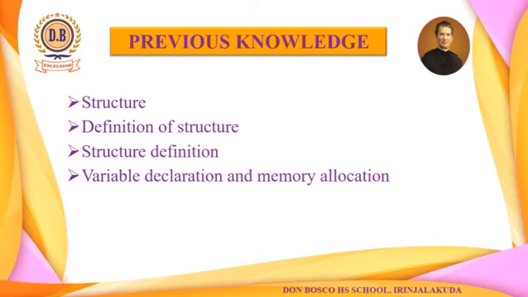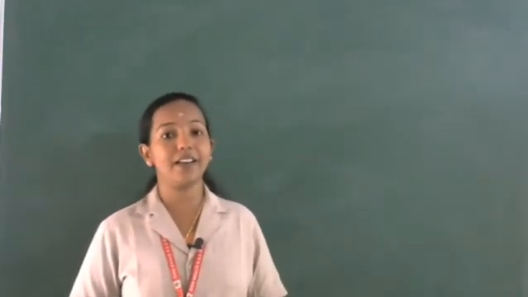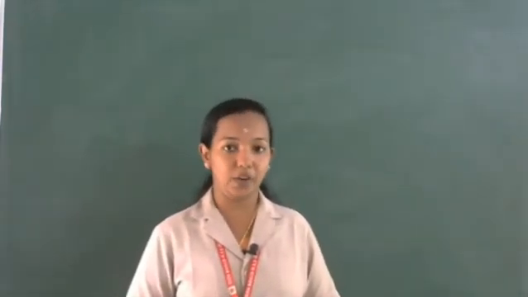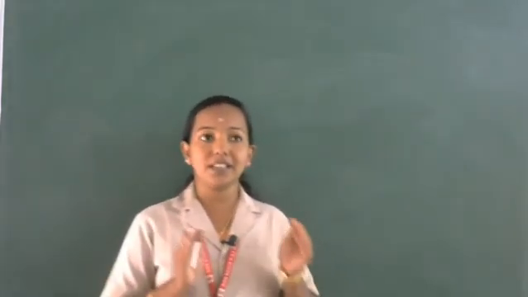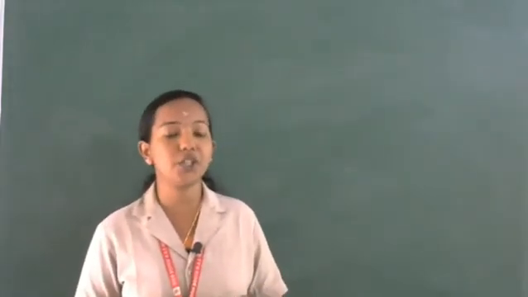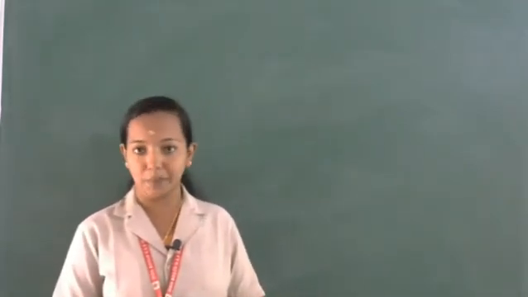Then we discussed the definition of a structure, how we declare a structure variable, and the variable declaration of a structure along with memory allocation. So these are the starting section of structure, that means the basics of structure: definition, example, memory allocation and also structure variable creation.